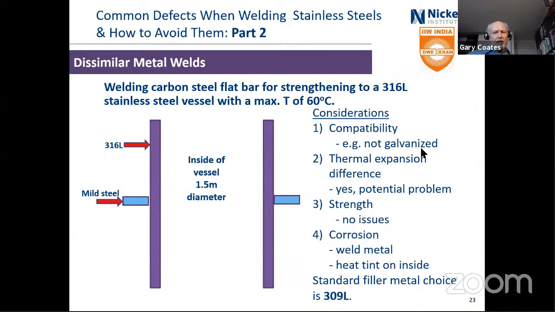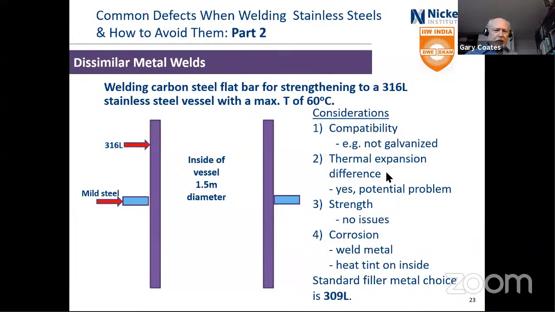Well, compatibility. Mild steel to 316, those are two compatible materials, but not galvanized. You don't want to introduce any zinc into a weld that will go to stainless steel, because the zinc will go to the grain boundaries of the stainless steel and cause a form of brittle failure.